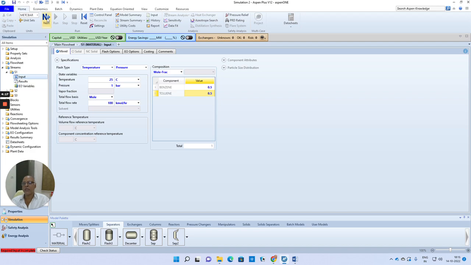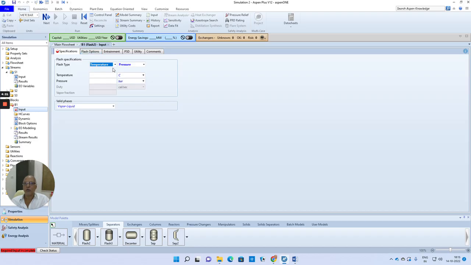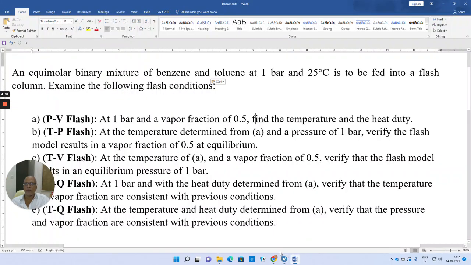Let us see what information is required when we go into the flash column. Now you can specify any of these possibilities: temperature and pressure, pressure and duty, pressure and vapor fraction. Similarly, temperature and duty, temperature and vapor fraction. So let us take the first option. Pressure is given as 1 bar and we want to vaporize 50% of the feed, with 50% remaining in the liquid.